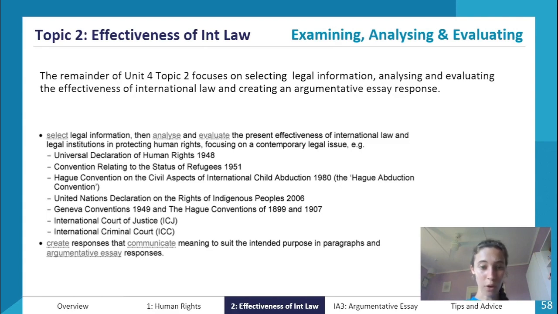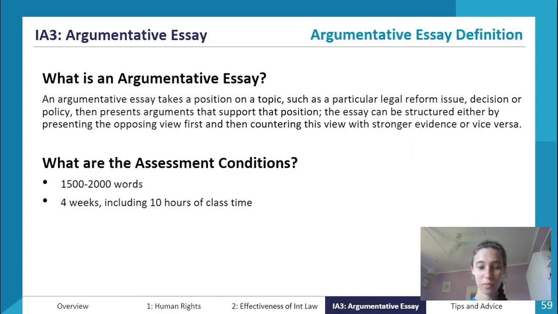So focusing on a contemporary legal issue, which lists those different things that we've just spoken about. Like I said, those are examples, and it depends on what your school has come up with in regards to this. So you may be wondering what an argumentative essay is.